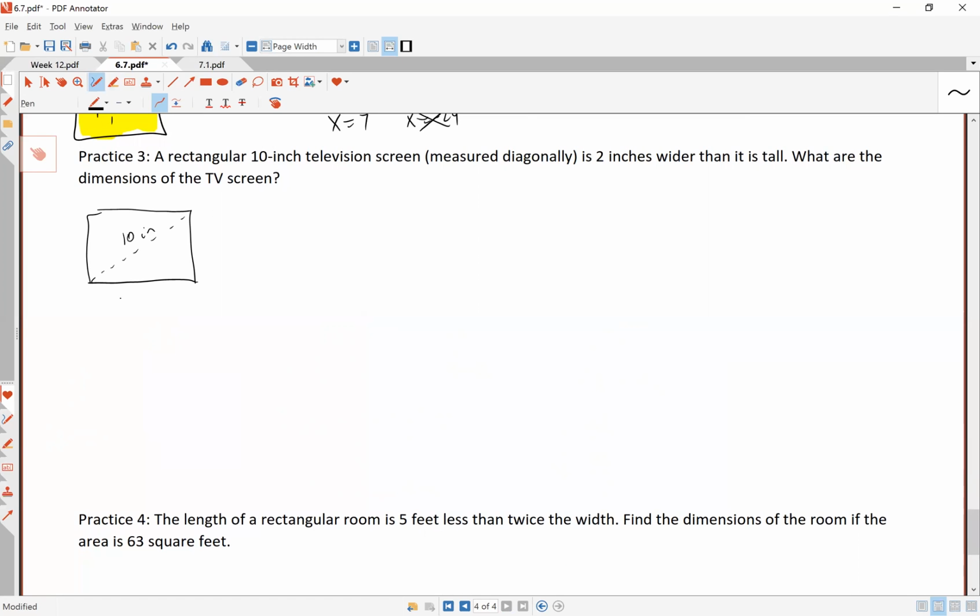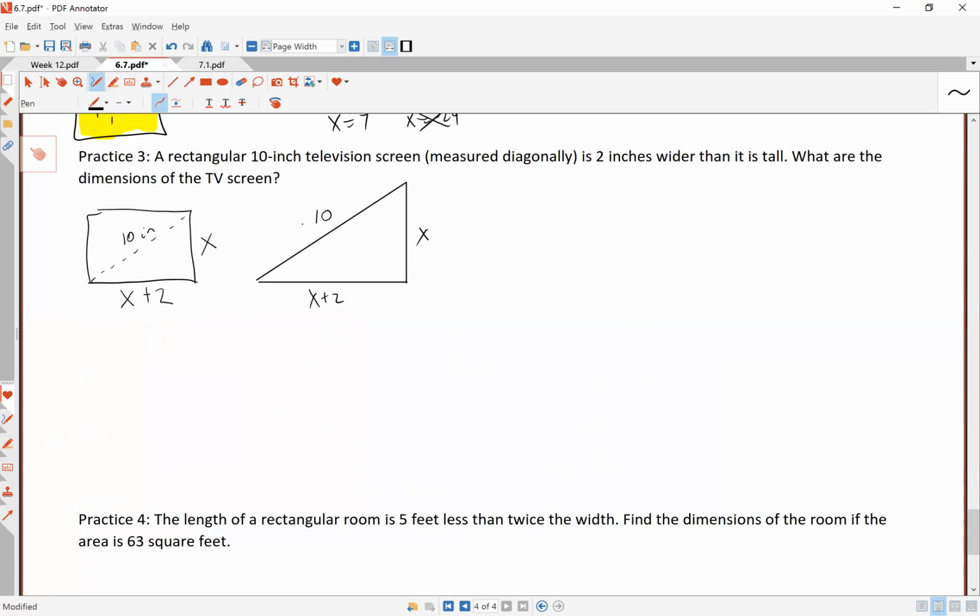And it says it's 2 inches wider than it is tall. So what you guys have to do is take a right triangle whose sides are x and x plus 2 and find the dimensions of the TV screen.